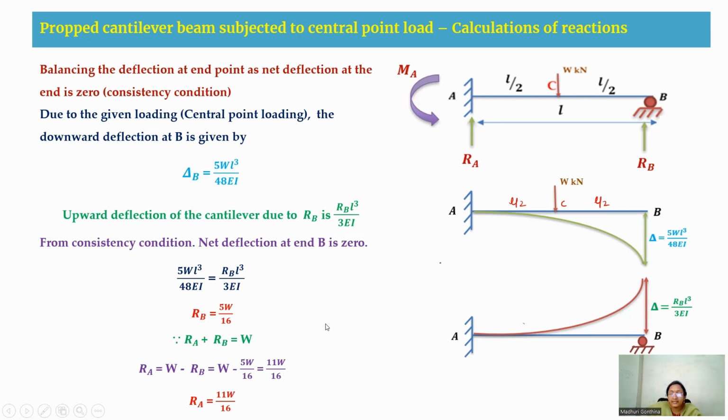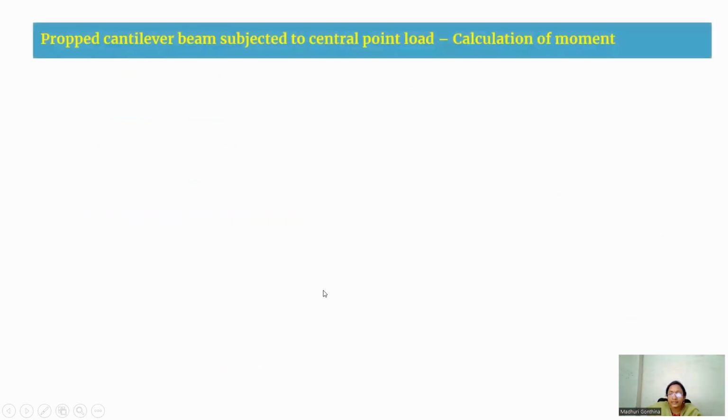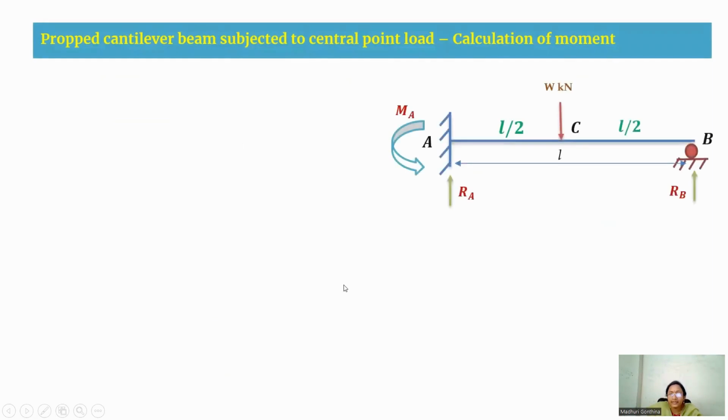After calculating these reactions, next we are going to calculate the moment. For calculating the moment, I am considering the RA and RB values here. Moment at B is equal to 0.